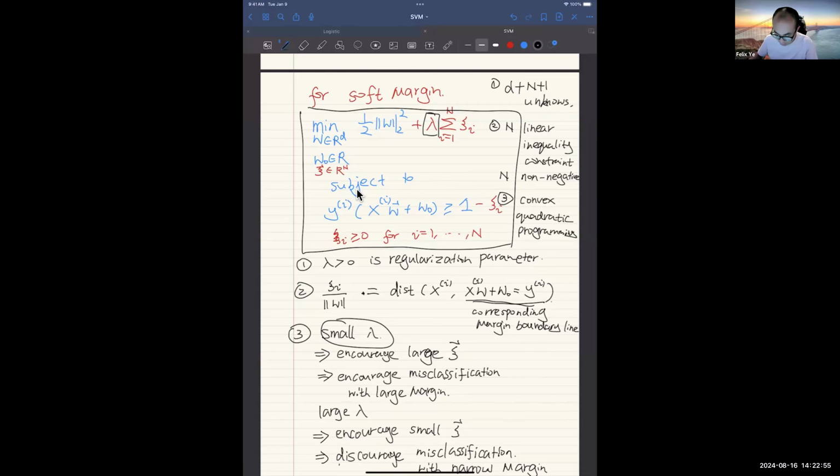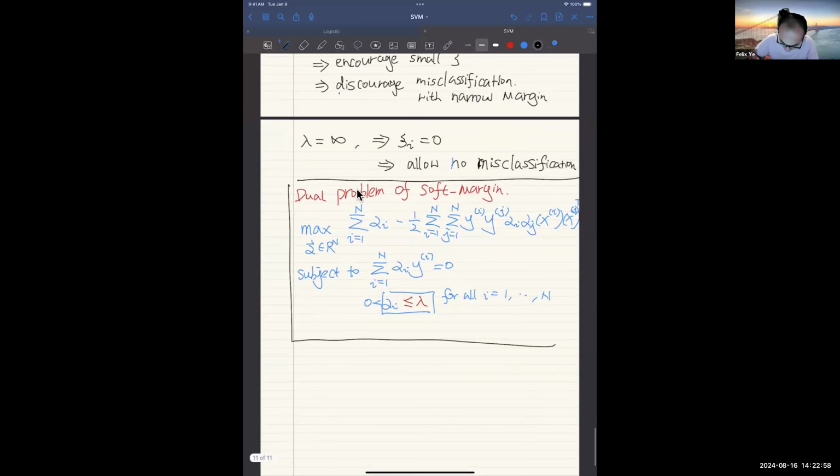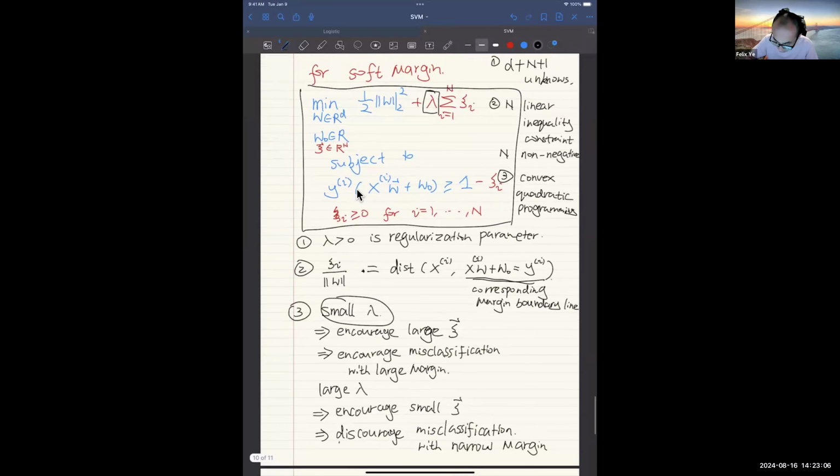For the dual problem right here, it's n unknowns. So the number of unknowns is smaller than the primal, because in the primal we have d plus n plus 1.